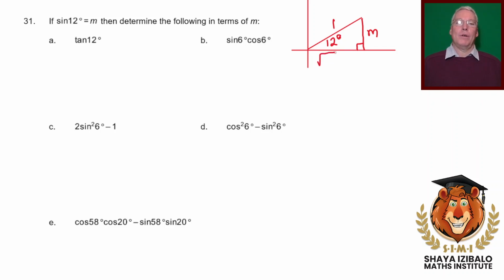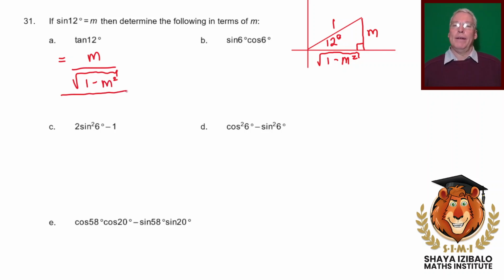Obviously, this side, if we use Pythagoras, we get 1 squared minus m squared, but it's 1 minus m squared. So tan of 12 is just going to be our y value over our x value. It's going to be m over root 1 minus m squared.